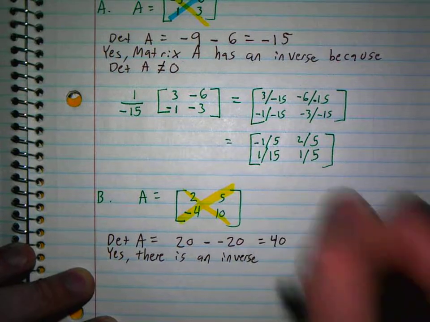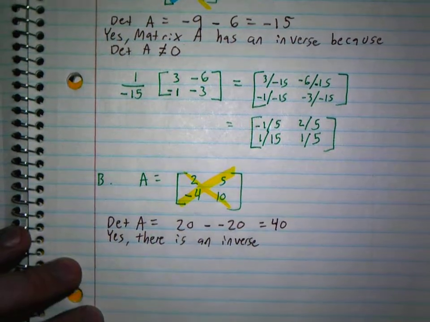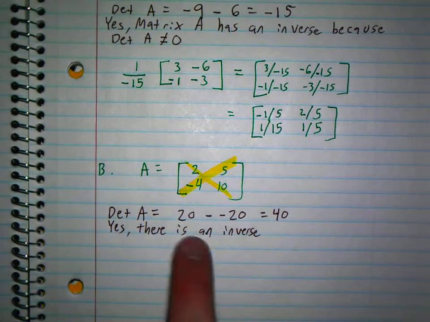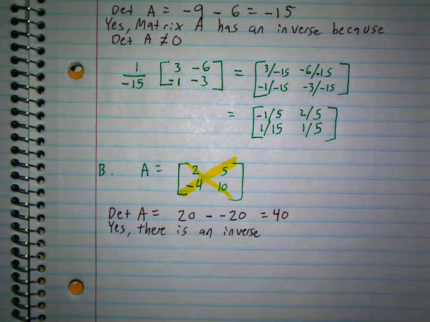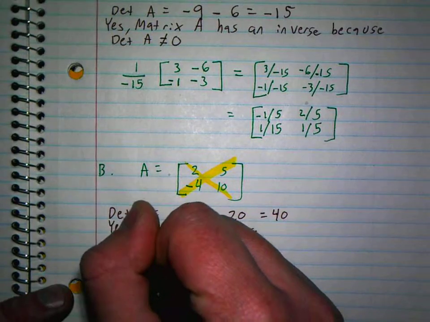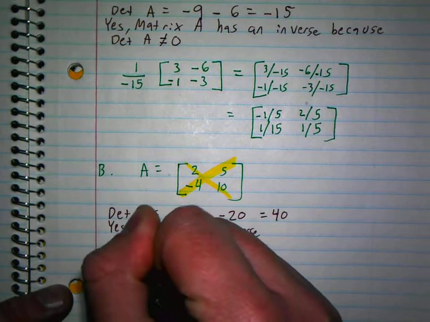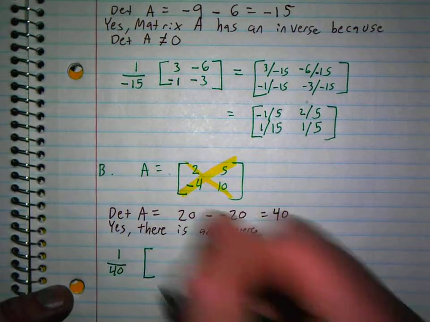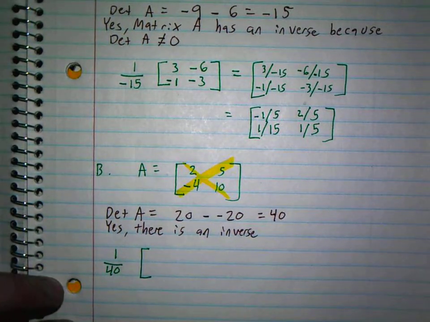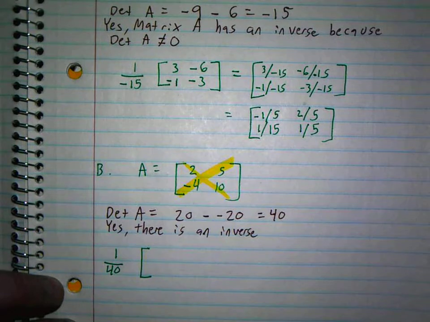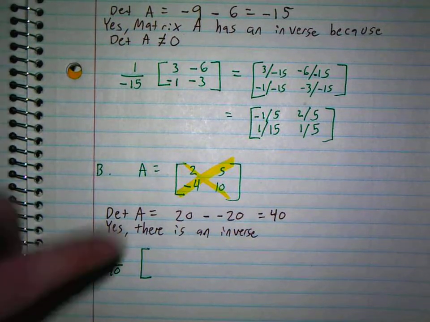Okay. Now, this almost came close to being 0. And if it were 0, we would stop. And we would say no inverse. All right. So I put 1 over 40, correct? And then what do we do? We swap the 2 and the 10.